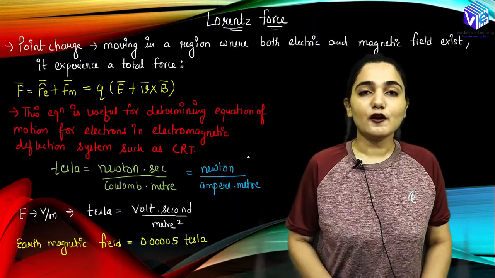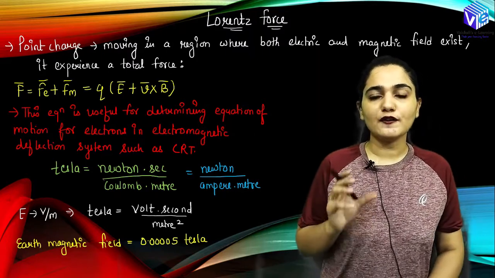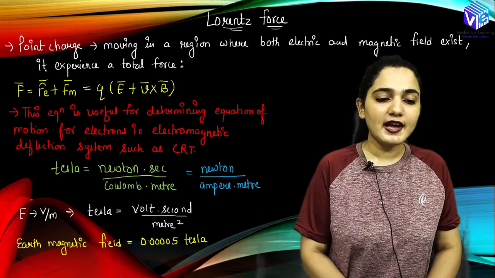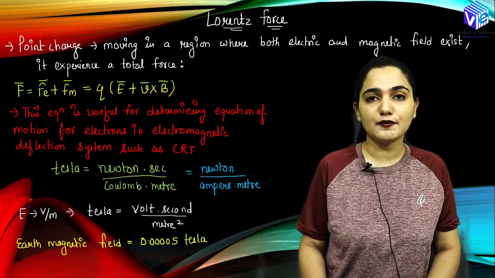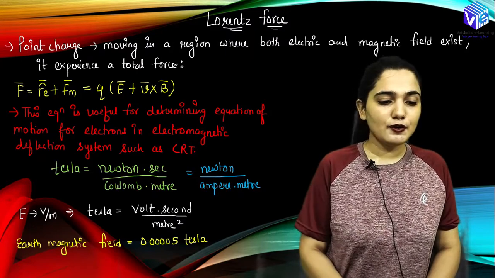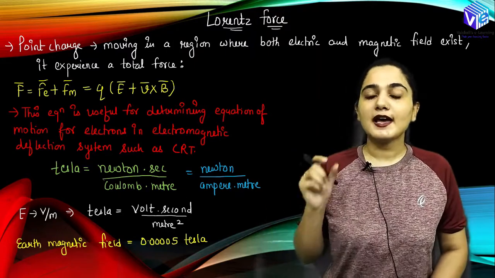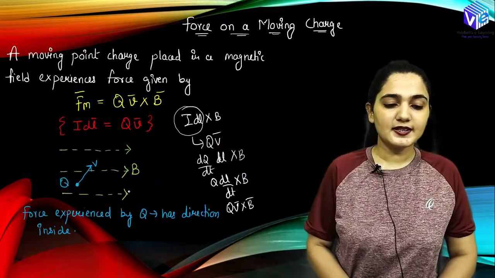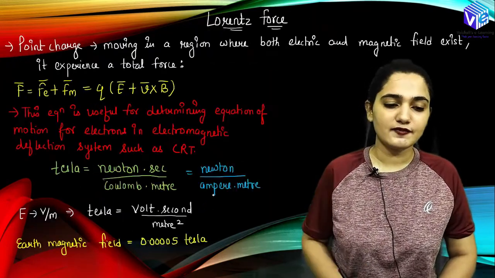So now coming to the Lorentz force, as I already told you, in the Lorentz force we are considering the effect of electrostatic force as well as the magnetostatic force. So whenever I have the point charge which is moving in the region where both electric and magnetic field would be there, right? It will be experiencing the force due to the electric field as well as the force due to the magnetic field. So in the previous case I considered only magnetic field, but now I am considering there would be some electric field as well.